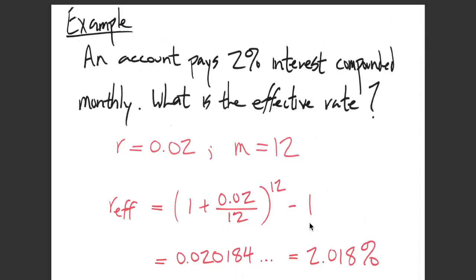I get this expression here, and it winds up being 0.020184, and there's some more decimal places after that. But convert that back to a percentage, and I'm rounding to 3 places here, you get 2.018. So the effective rate for 2% interest compounded monthly is actually 2.018%.